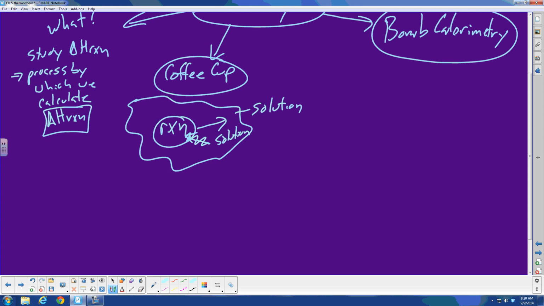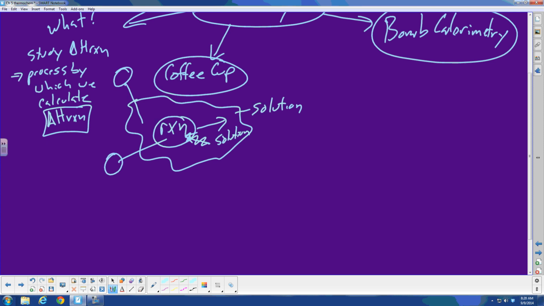It's difficult for me to put a thermometer into my actual reaction and measure that, because the reaction is happening on an atomic scale throughout the whole solution. But it is easy enough for me to put a thermometer into my solution and measure the temperature.